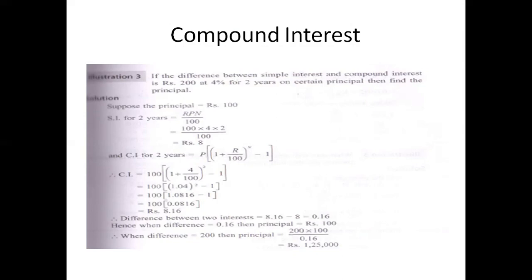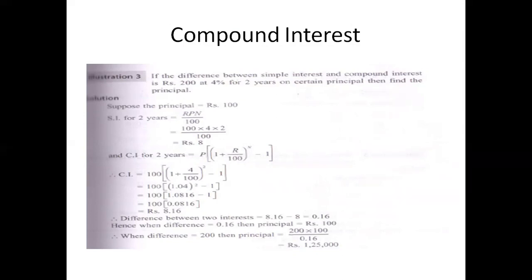Now the compound interest is equal to 100 into (1 plus 4 by 100) whole square minus 1, that is equal to 100 into (1.04 whole square minus 1), and 1.04 whole square is 1.0816, minus 1, so 100 into 0.0816, or 8.16.